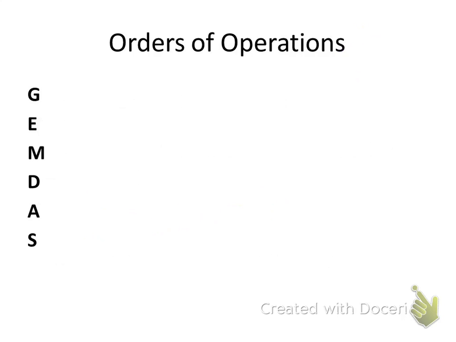The orders of operations. For the most part, people know them as PEMDAS. I use them as GEMDAS. That's a grouping symbol, but P stands for parentheses. E stands for exponents.